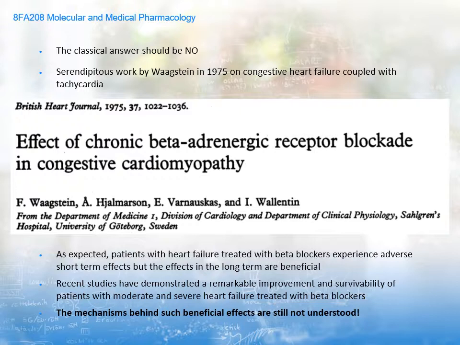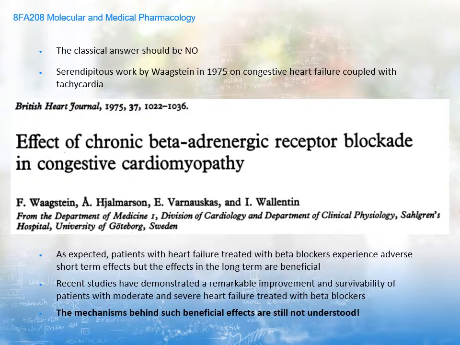Recent studies have demonstrated a remarkable improvement and a remarkable increased survivability of patients with moderate and severe heart failure that are treated with beta blockers. Why? Well, the mechanisms even today are not understood, but it's clear that beta blockers are working or are advisable.